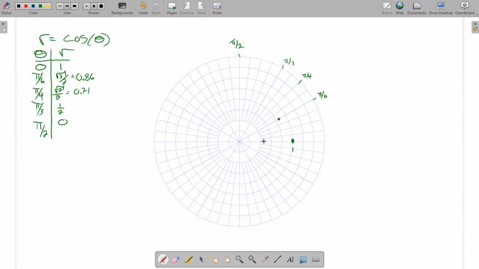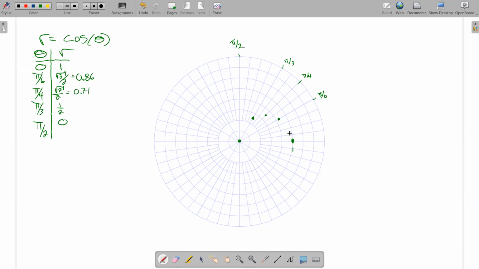So 0.2, 0.4, 0.6, 0.8, 0.7 is right in the middle here on that angle. So around there-ish is the next point. And then 1/2 is right in the middle, and I want to come around to its angle there. Interesting, these 2 points kind of line up horizontally. And then at pi over 2, I have radius 0, so I'm stuck at the pole here.